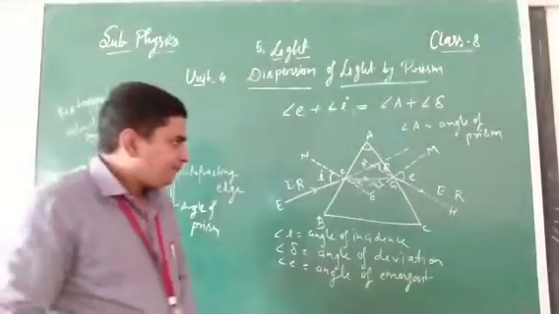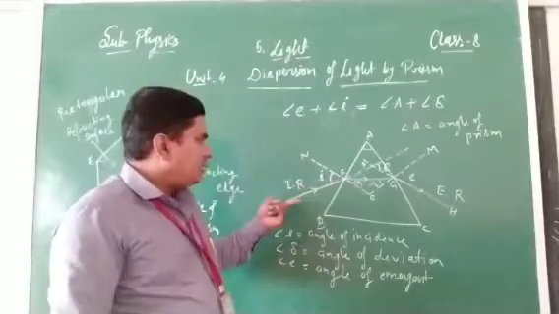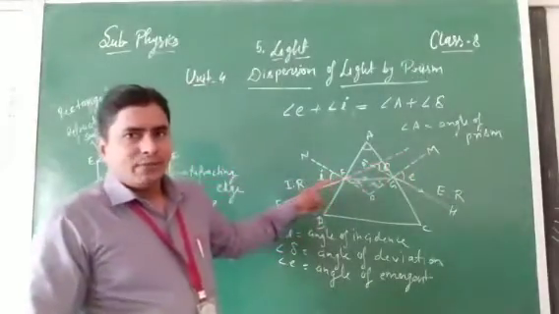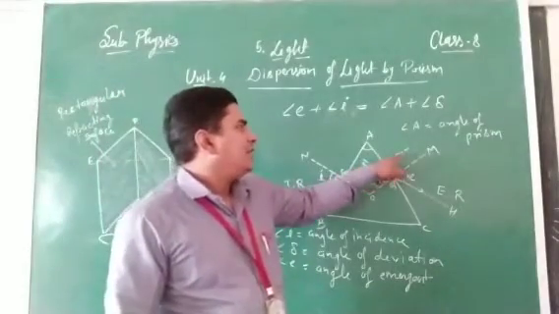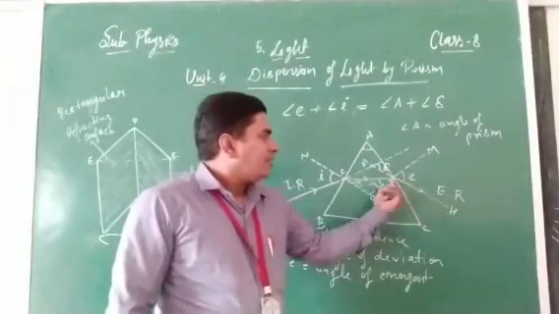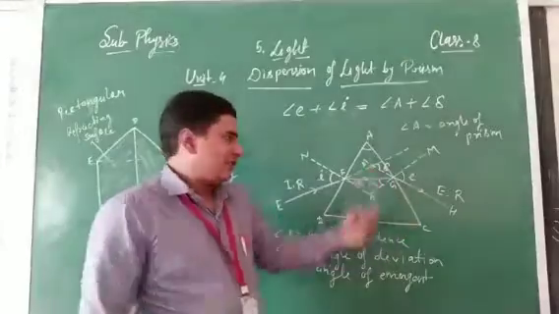Okay, students. So see, we will proceed the incident ray through the glass in the forward direction, and we will proceed this emergent ray backward through the glass in the backward direction.